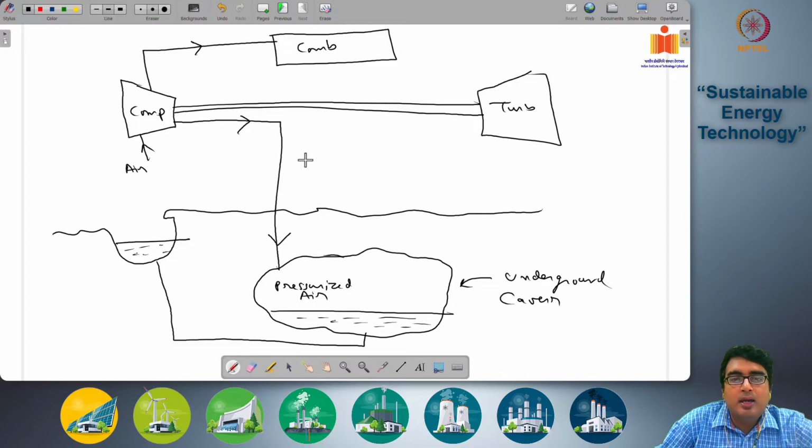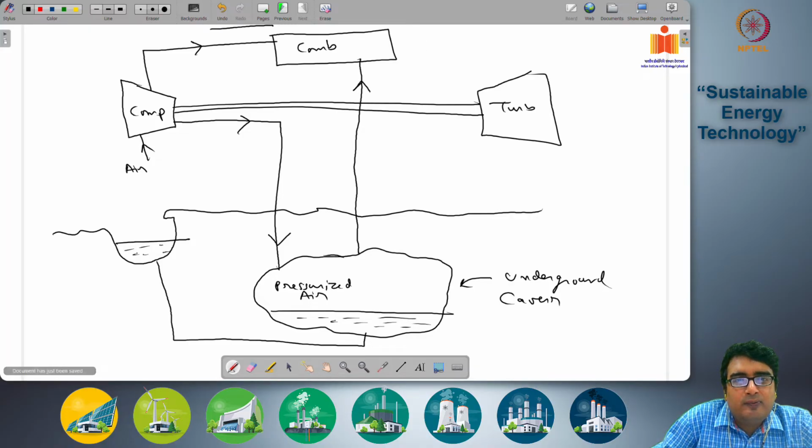Okay. And when demand is high, part of this pressurized air is bled into the combustion chamber, and you are getting the fuel, methane fuel is coming. Okay, so this is methane, this is compressed air.